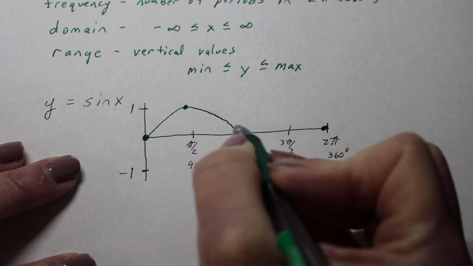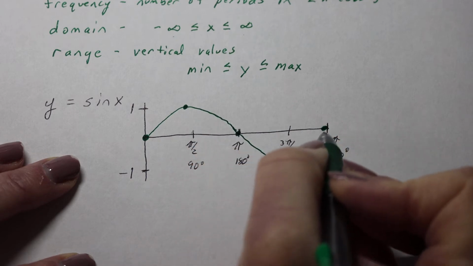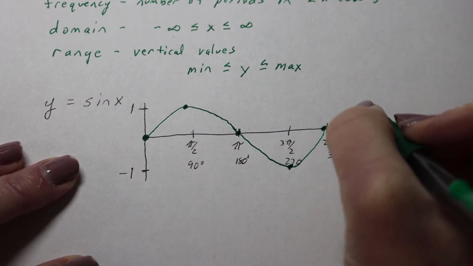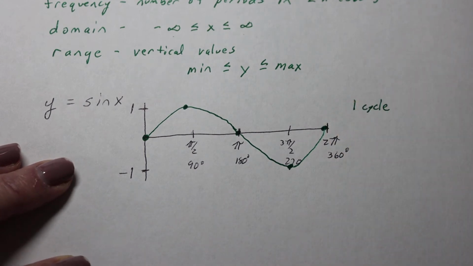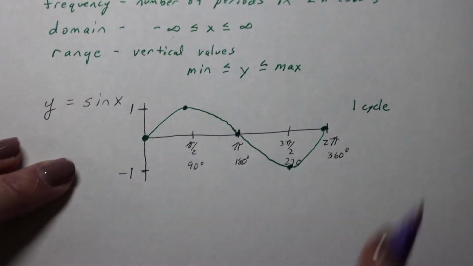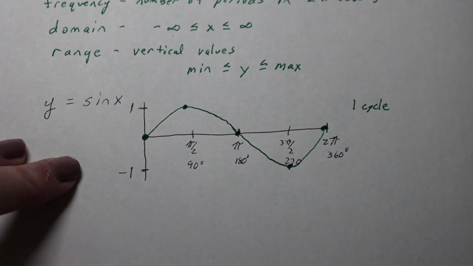So as a curve, this is one cycle for sine. Okay?